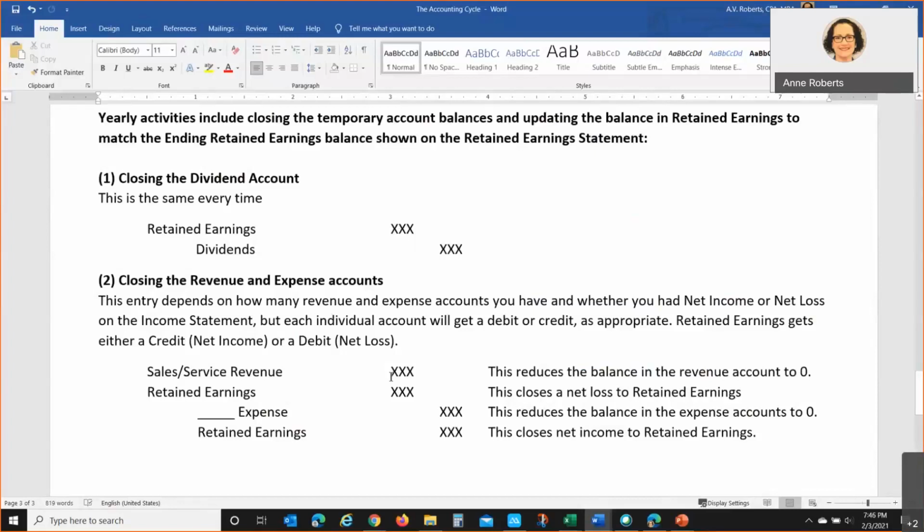Then we close out our revenues and our expenses within the same journal entry. We're either going to debit or credit retained earnings for the net difference between these two. To force this journal entry to balance, if we had net income, we would roll it up to retained earnings with a credit, because credits increase retained earnings.